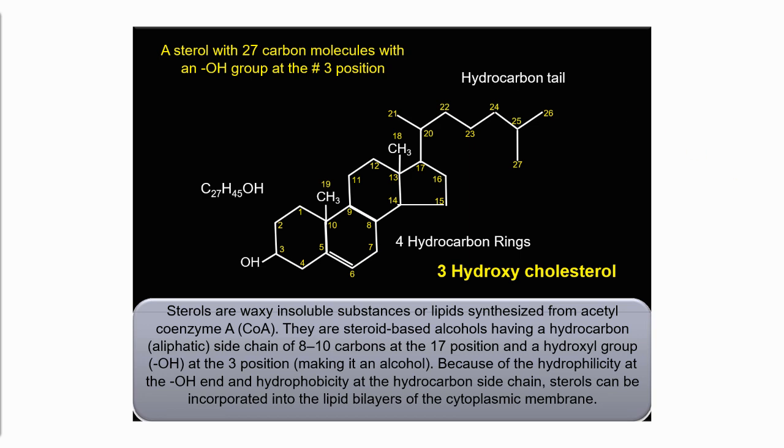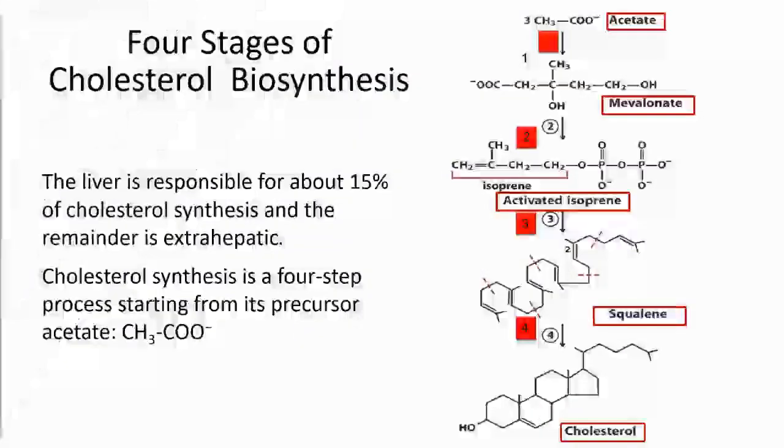Okay, so there are actually 4 stages in cholesterol biosynthesis. Now, take note that it is happening inside the liver, and then some of the process is extrahepatic. Later on in the video, it will explain further what is extrahepatic. So, parang paulit-ulit yung cycle niya outside the liver, if I'm not mistaken.